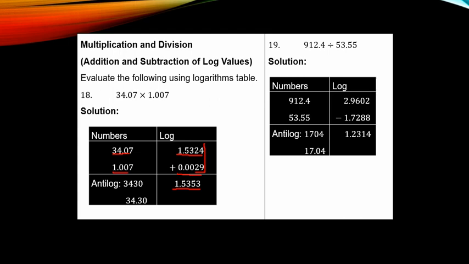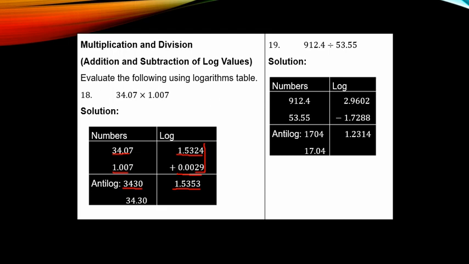So we check the anti-logarithm of 0.53 under 5 difference 3, and that will give us 3430. That is 3430.